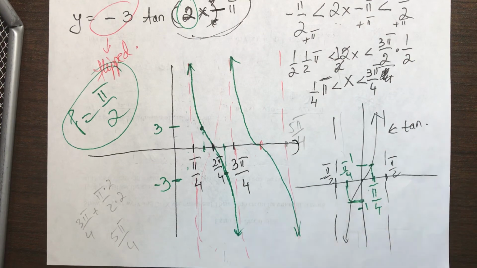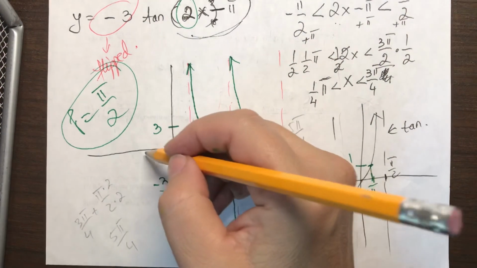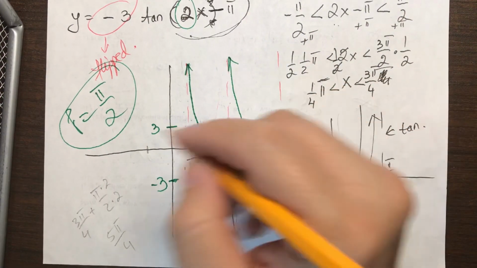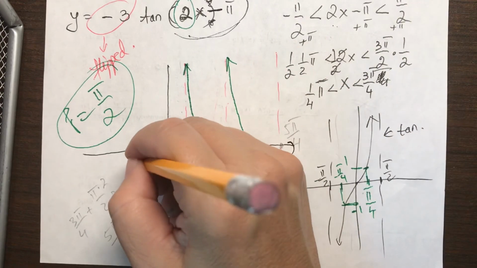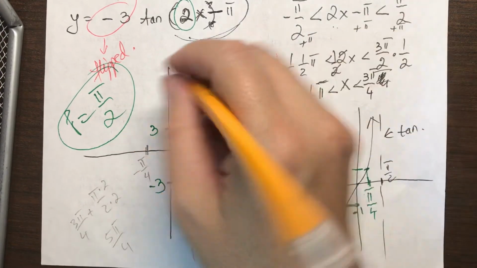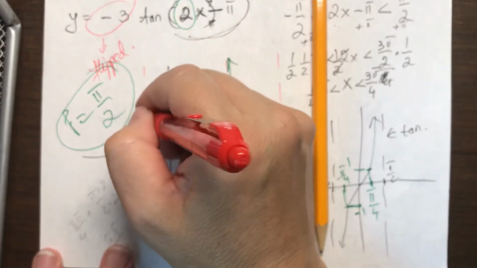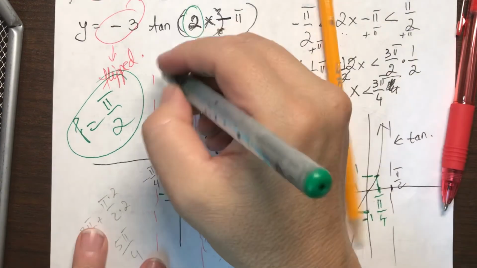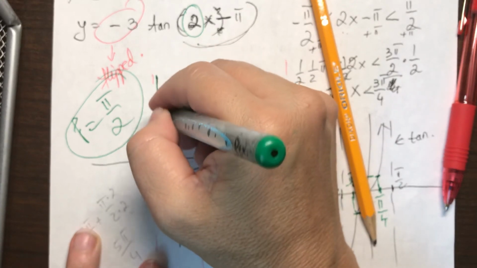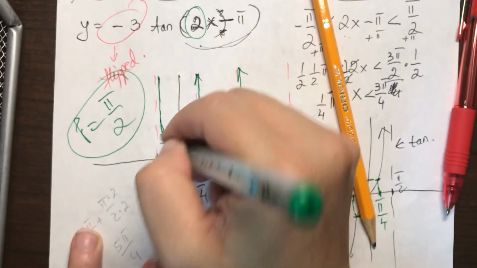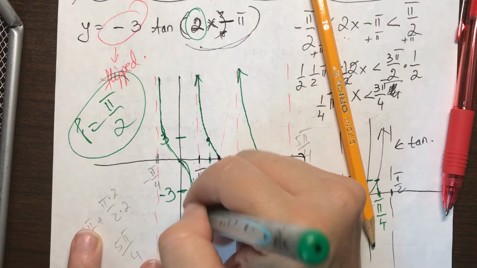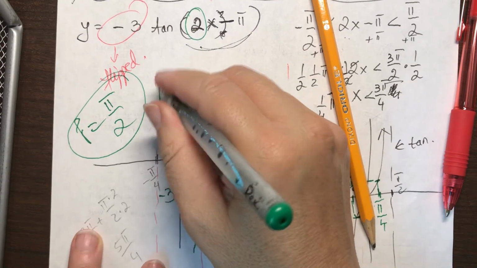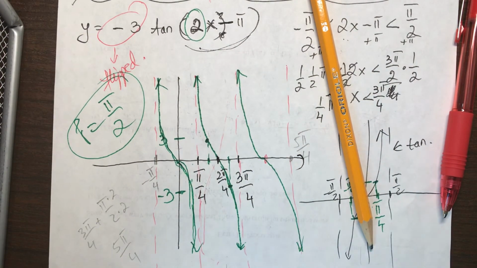So it just keeps on going. And then minus 1 pi over 2, and you'll get, by the way, to negative pi over 4. That's your next vertical asymptote, and that's your next graph coming down. There you go. That's it.